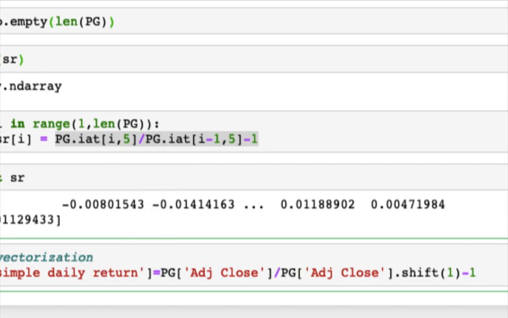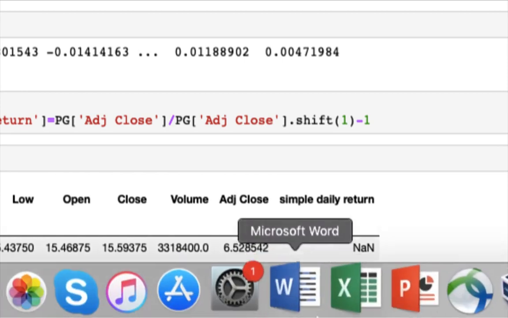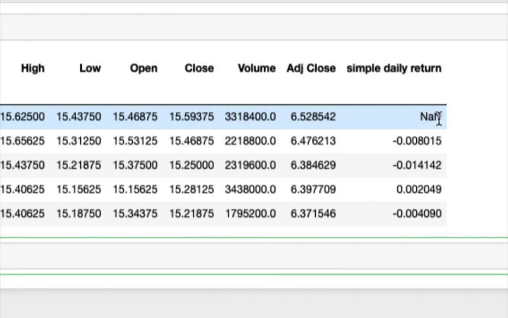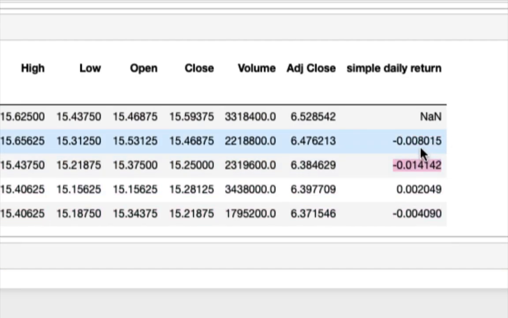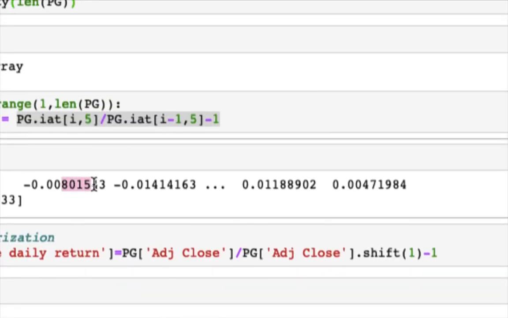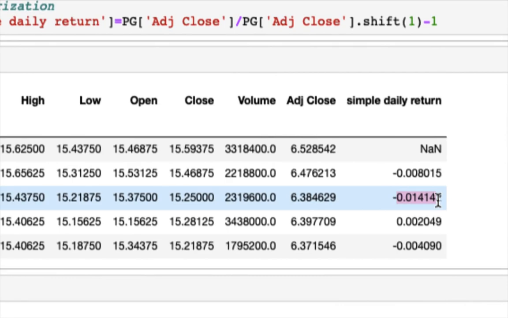Okay, let's see. PG dot head, simple daily return. The first one is NaN, which means not a number, because the shift 1 does not return anything. So the second one, third one, and you can see they are the same as before, 0.008015, 0.01414. It's exactly the same as calculated before.